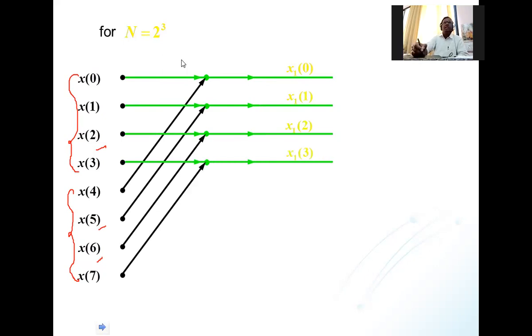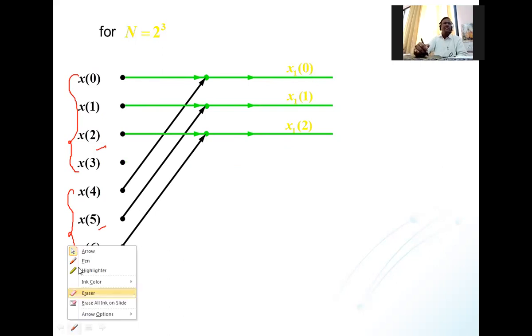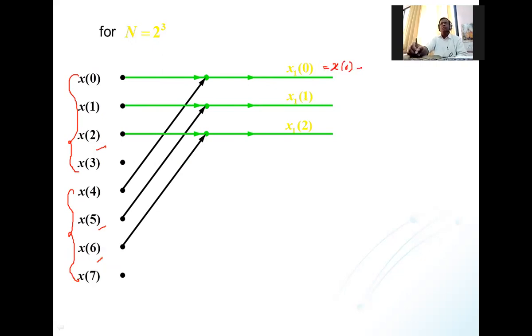If you look at the answer for x1 of 0, according to the butterfly diagram we simply get x of 0 plus x of 4. Then x1 of 1 equals x of 1 plus x of 5.